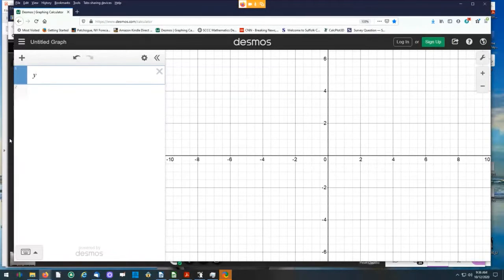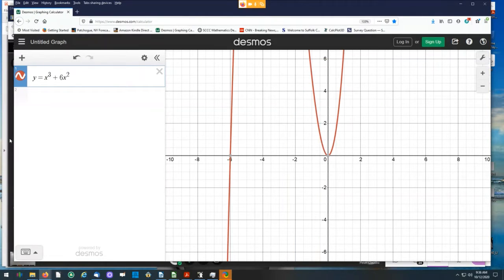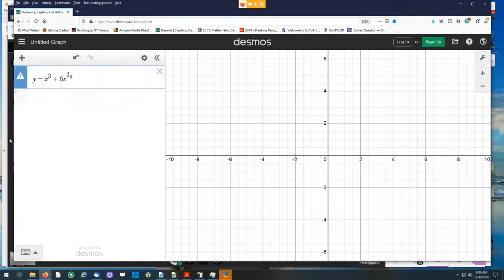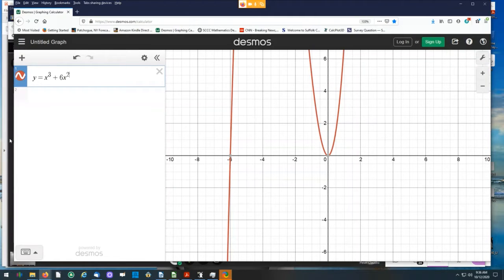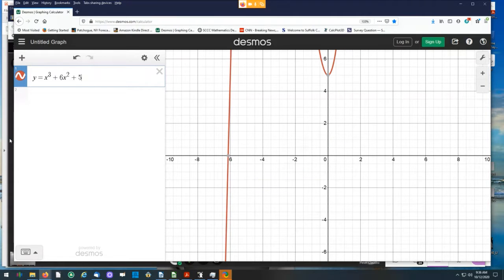We're just going to put in y equals x cubed plus 6x squared plus 5x minus 12. There we go.